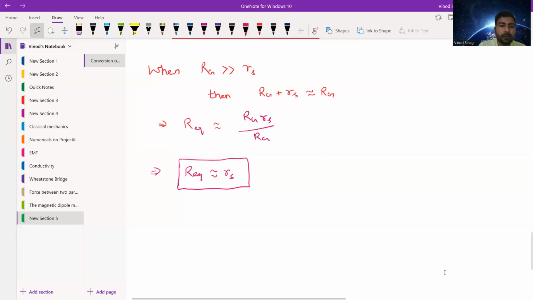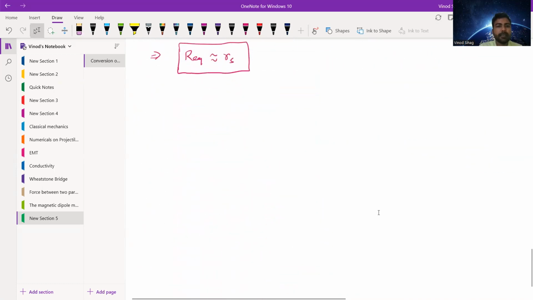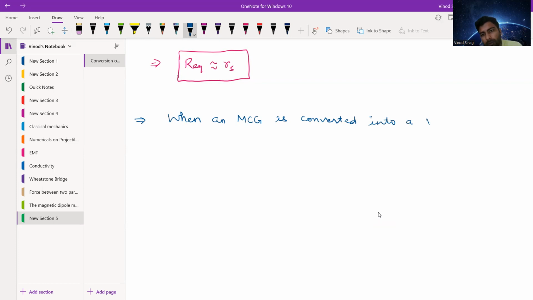Now, in the case of a voltmeter, what will be the case? The second case is when an MCG is converted into a voltmeter.